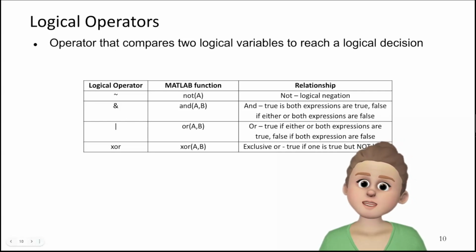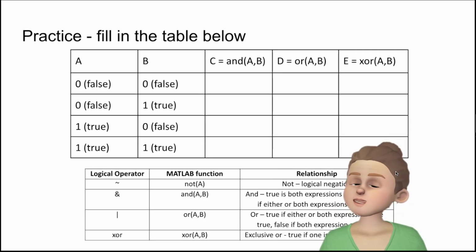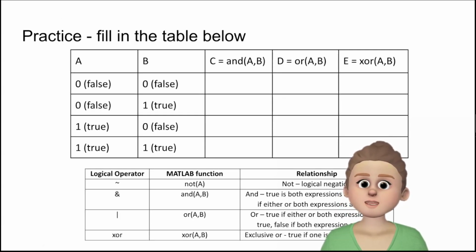So let's practice this first using just true and false statements. So I'll go to the next page and we have this table here where I've given you different combinations for two variables, A and B. These are logical variables, and they're either true or false. And I've shown you both the numeric value as MATLAB holds it, which is zeros and ones, and then what that means, true or false.